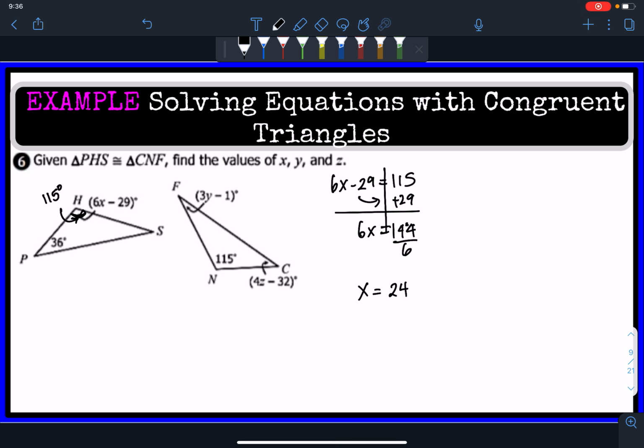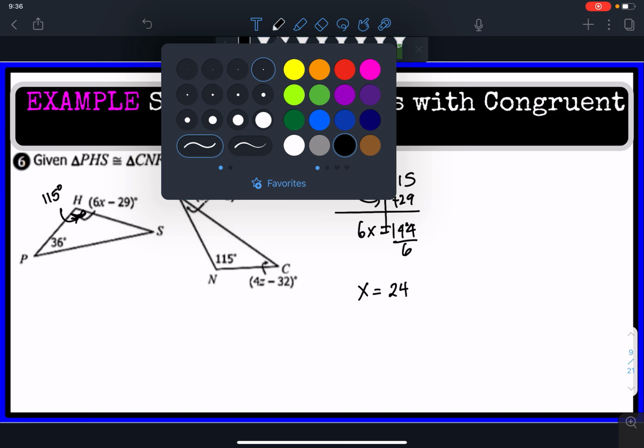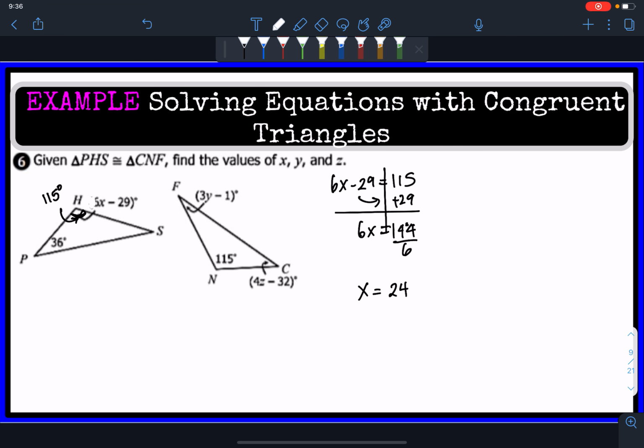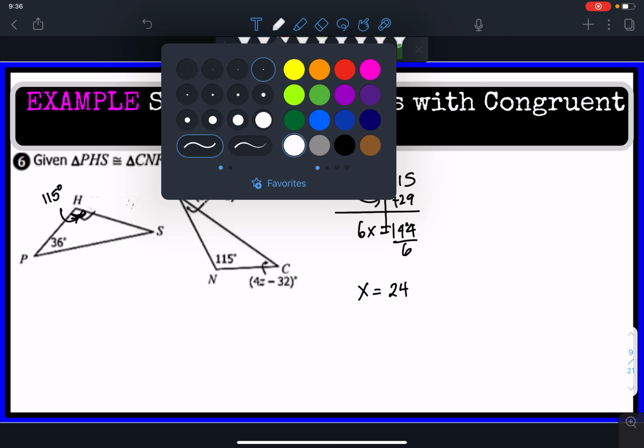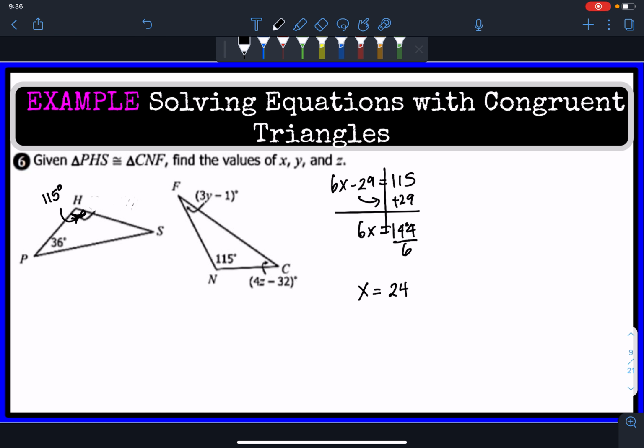Again, that's why I put these two things equal to each other, because I know that they're equal. So I can ignore this completely, and let's focus on the idea that this angle right here is going to measure 115.